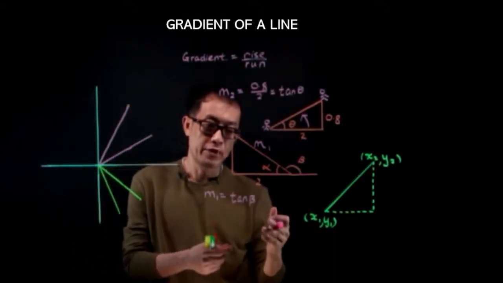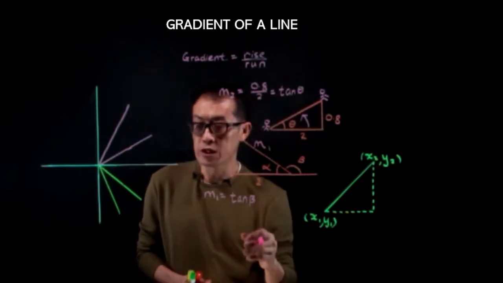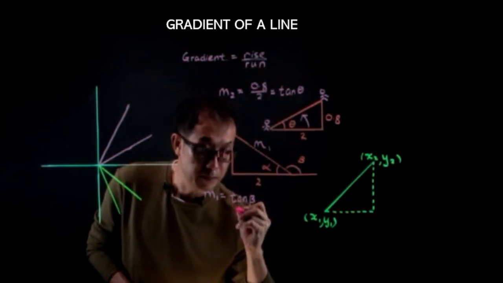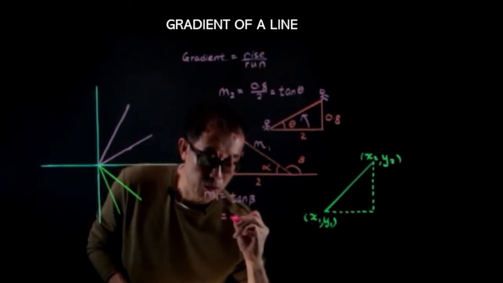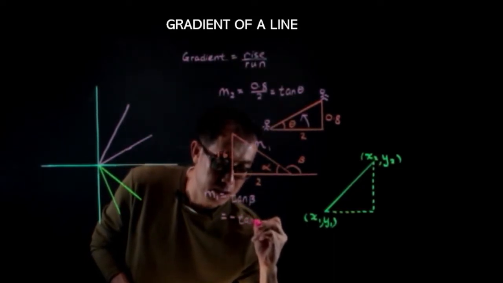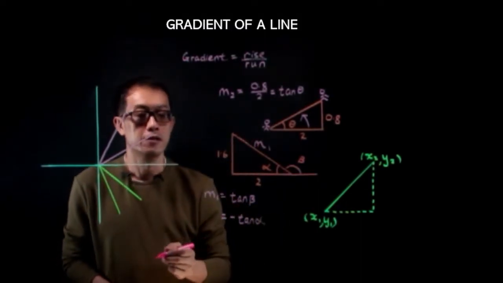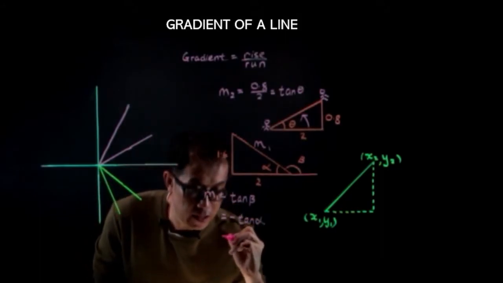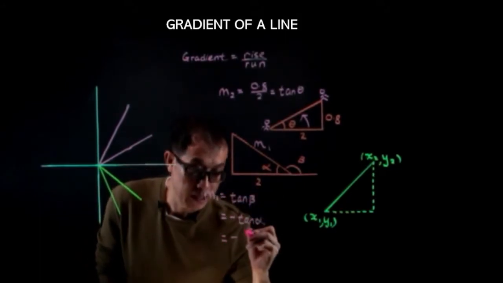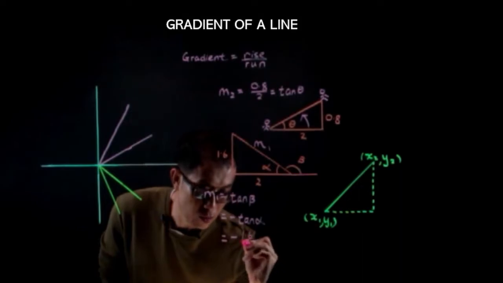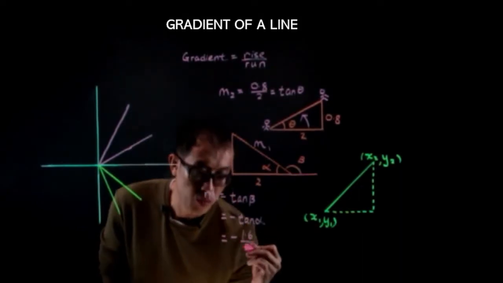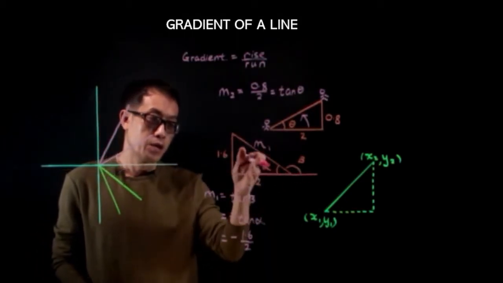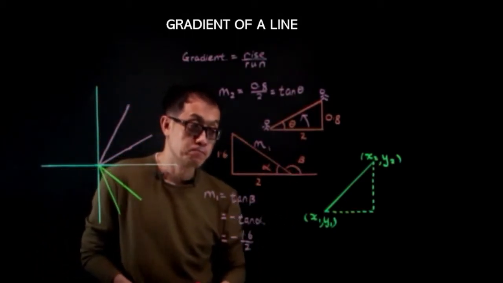I already explained to you under the chapter on trigonometric functions that tangent beta is equal to minus tangent alpha. Tangent alpha is 1.6 over 2, so it's minus 1.6 over 2. That is your gradient for this line over here.